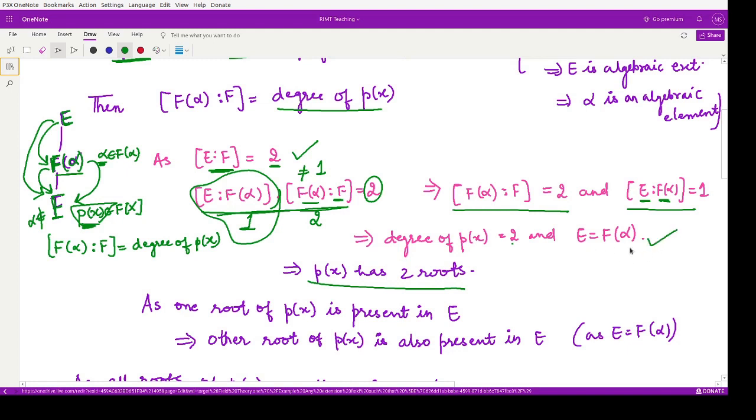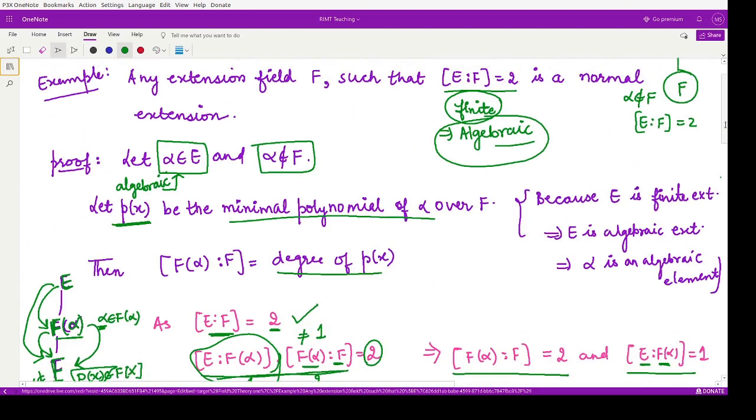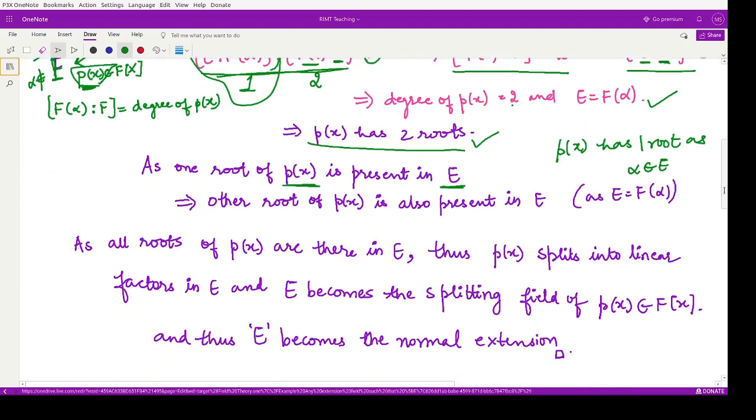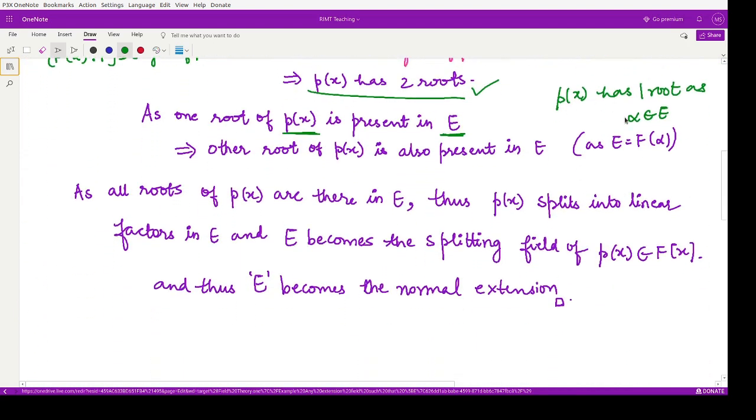So from here we got this information, and from there we got that the minimal polynomial p(x) has 2 roots. Now p(x) has one root alpha, which we assumed in E at the very start of this proof. Alpha was present in E and alpha is also a root of this polynomial because this is the minimal polynomial of alpha.